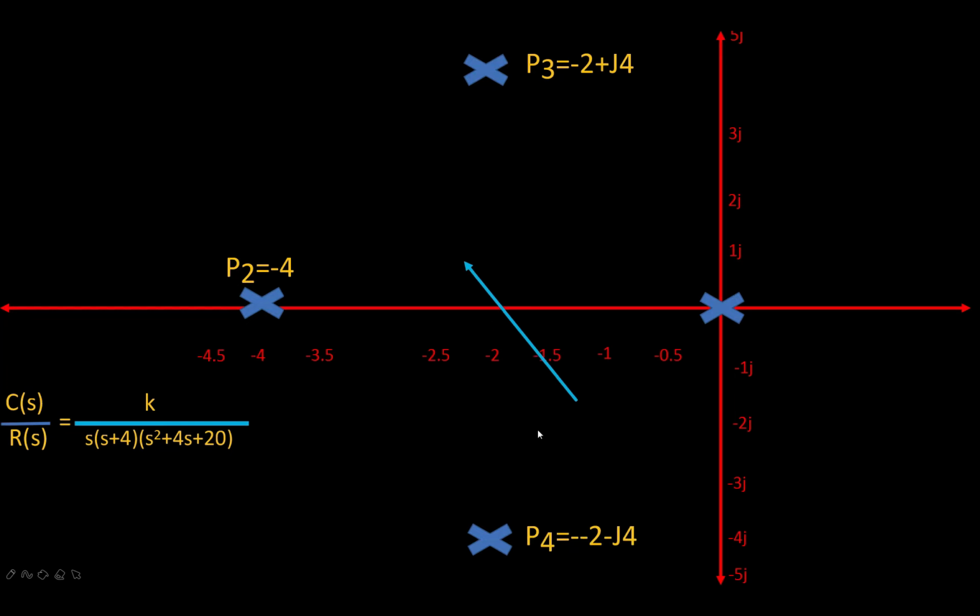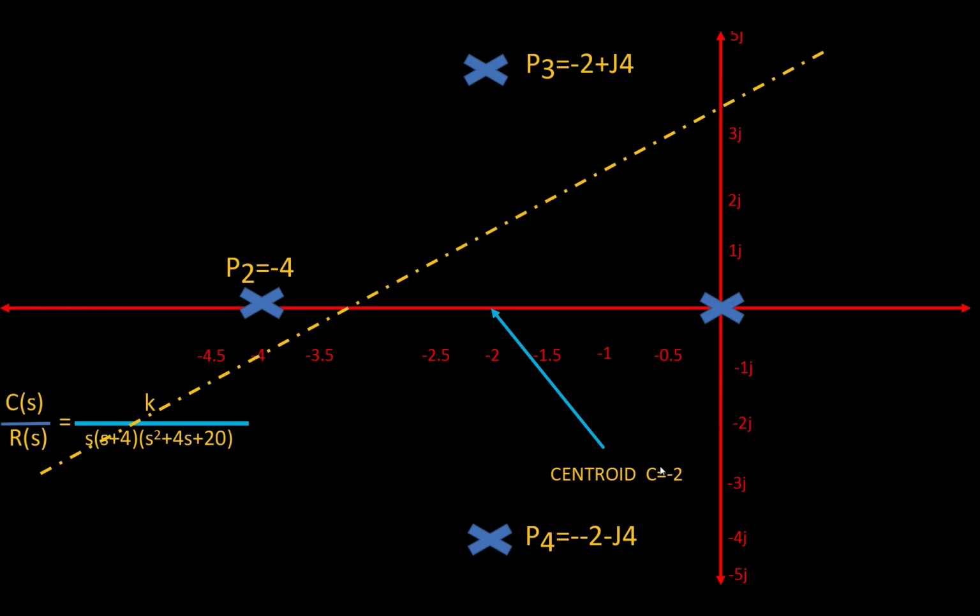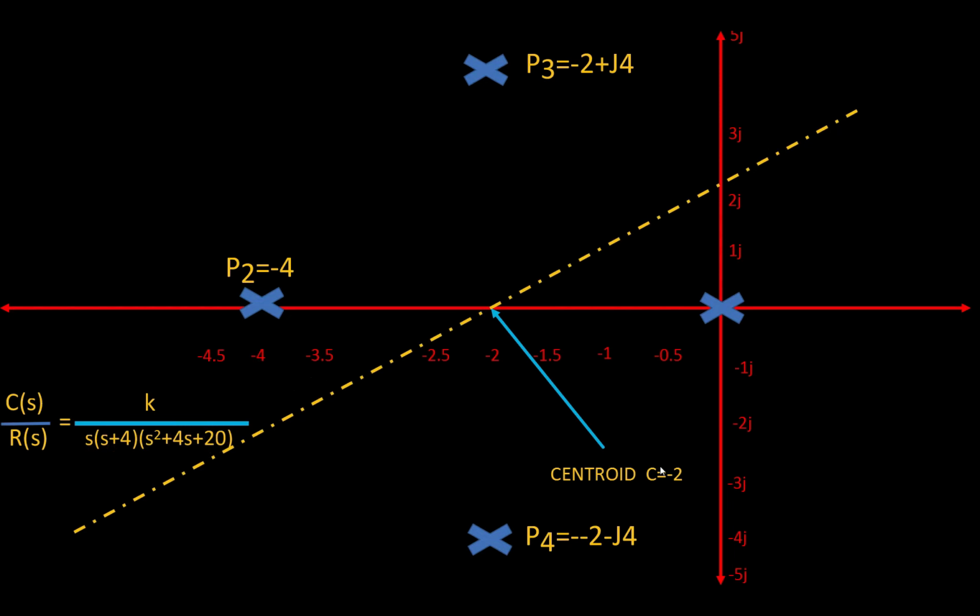The centroid, already we know it is -2, is marked here. The centroid is given as sigma C equal to -2. Already we know the angle of asymptotes is 45 degrees, and in the third quadrant it is 225. That's why the straight vertical line is drawn. Then in the second quadrant the angle is 135, and the fourth one is 315.